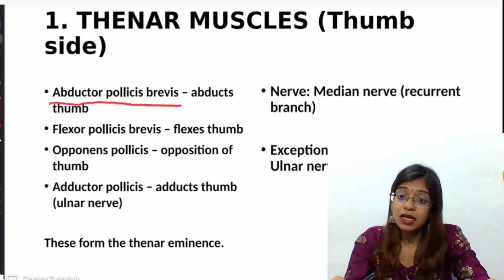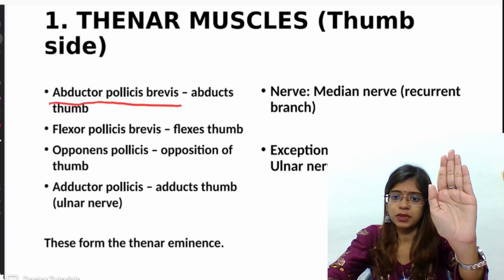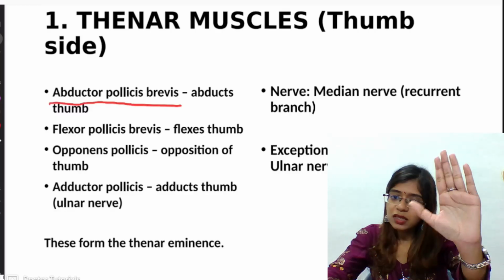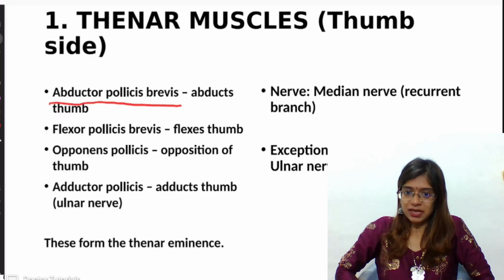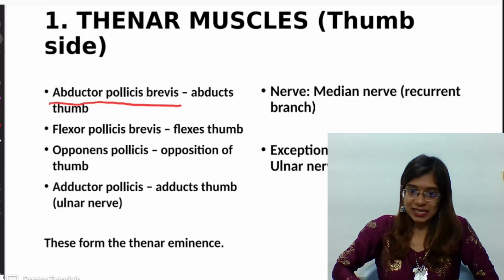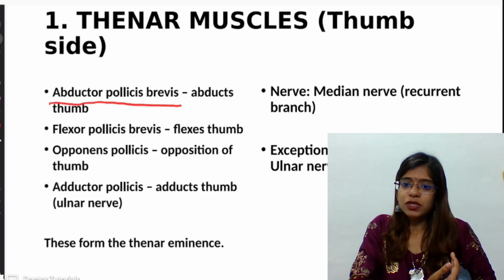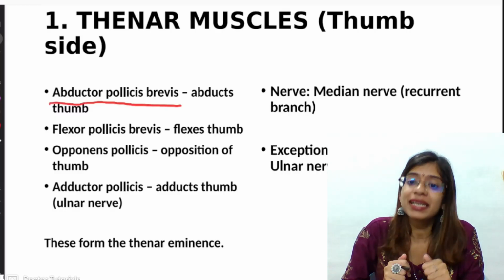This muscle helps in abduction of the thumb. What is abduction? If I take this as the axis of the body, any part which is near to the axis, near to me, I call the medial side.